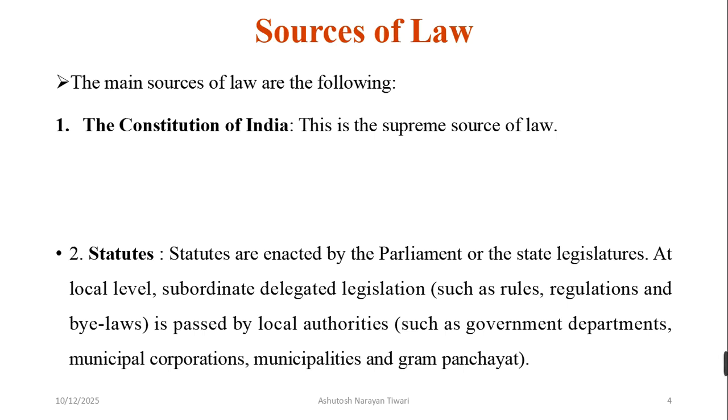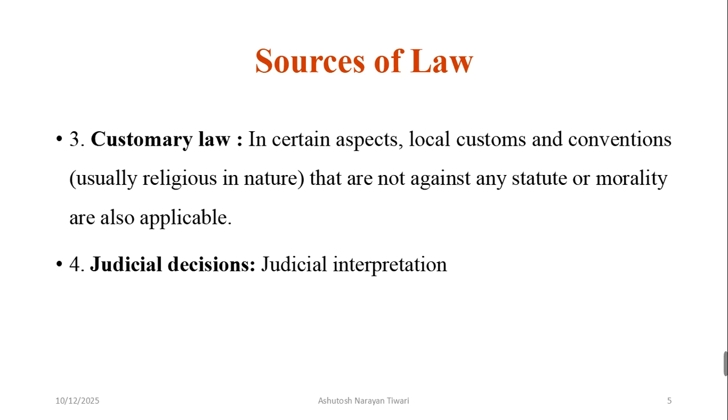Statutes are enacted by the parliament or the state legislatures at local level. Subordinate delegated legislation such as rules, regulations, and bylaws is passed by local authorities such as government departments, corporations, municipalities, and gram panchayat.